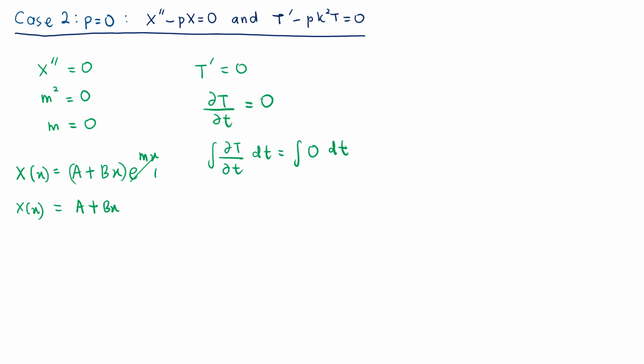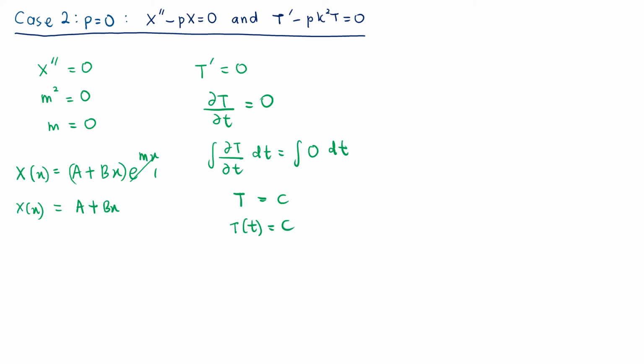And this will be t, which is equal to the integration of 0, you will get 0, but you have to add a constant here, which is equal to c. So the function of t is equal to c.